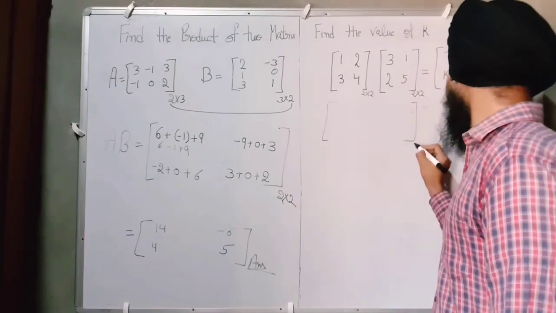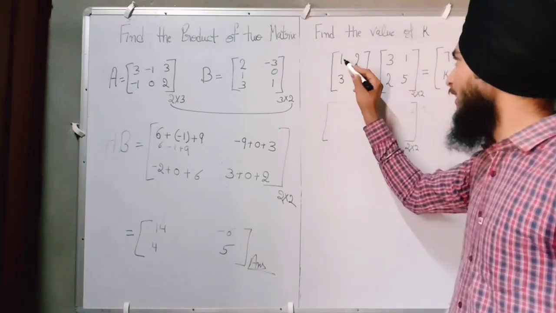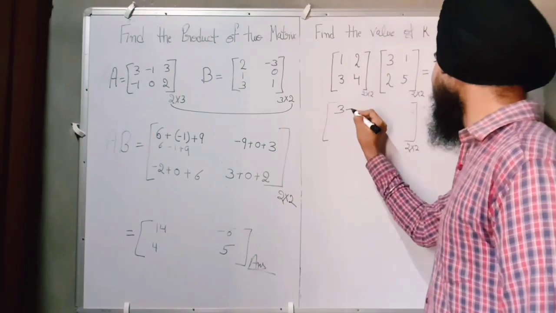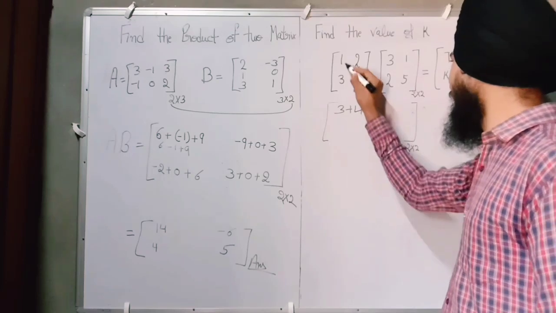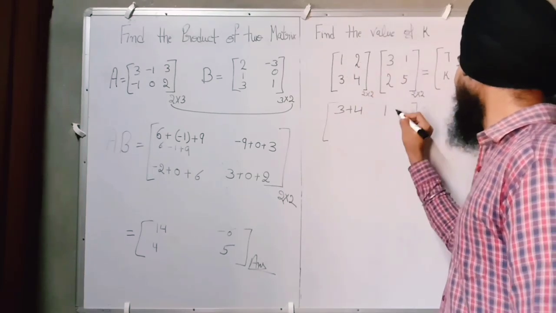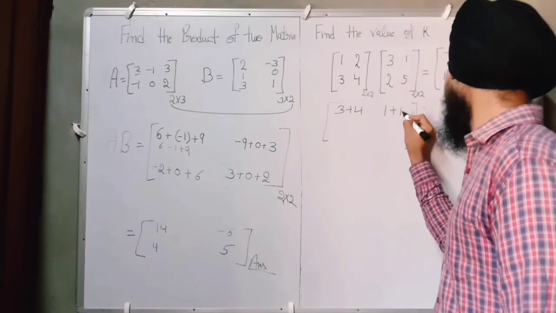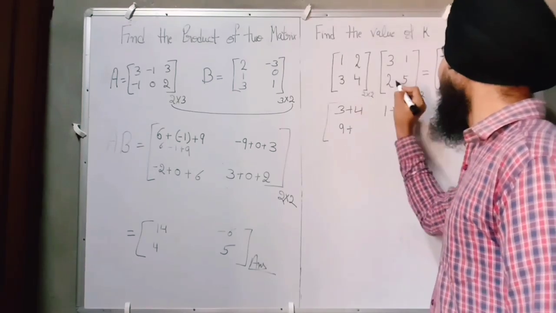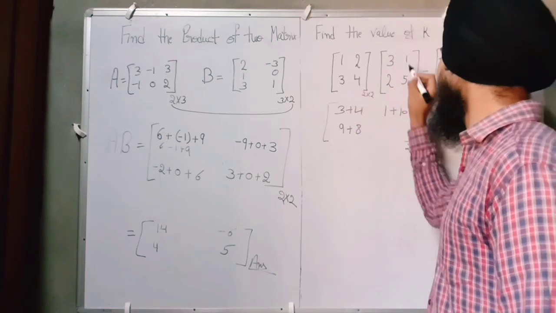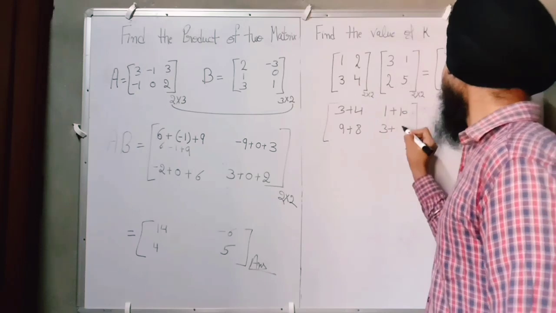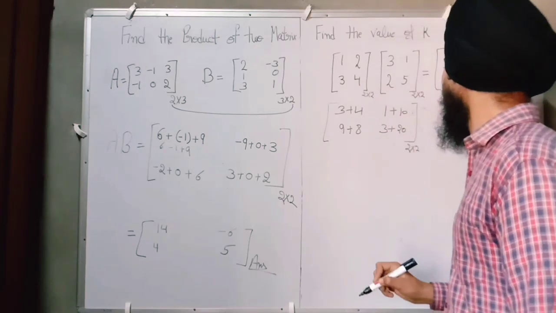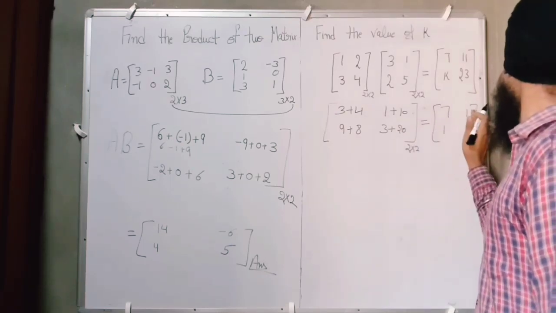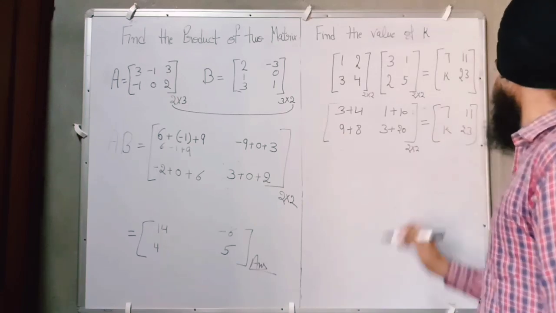The order of the product matrix is 2 by 2. 1 multiplied by 3 is equal to 3, plus 2 multiplied by 2 is equal to 4. 1 multiplied by 1 is equal to 1. 2 multiplied by 5 is equal to 10. 3 multiplied by 3 is equal to 9, plus 4 multiplied by 2 is equal to 8. 3 multiplied by 1 is equal to 3. 4 multiplied by 5 is equal to 20. This is equal to the matrix 7 k 11 23.